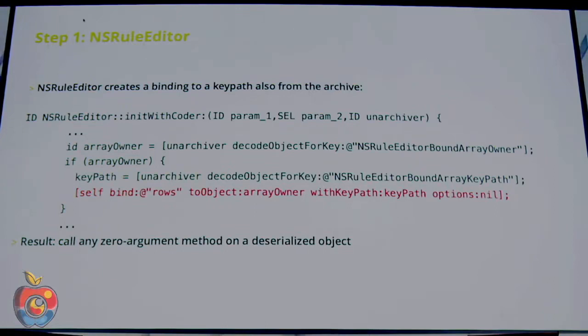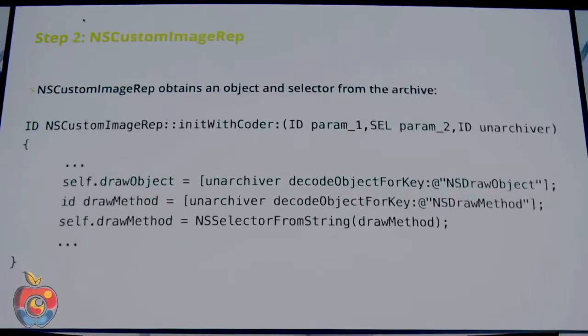So for example, if you have an NSProcess class, which has a launch method, it has no arguments, so you can create a binding to the launch method, and then at the moment that binding is created, that method is invoked. So you're not supposed to do this. It's not a property that you should be binding to, but by doing this, I was able to call arbitrary methods during deserialization, as long as they have no arguments.